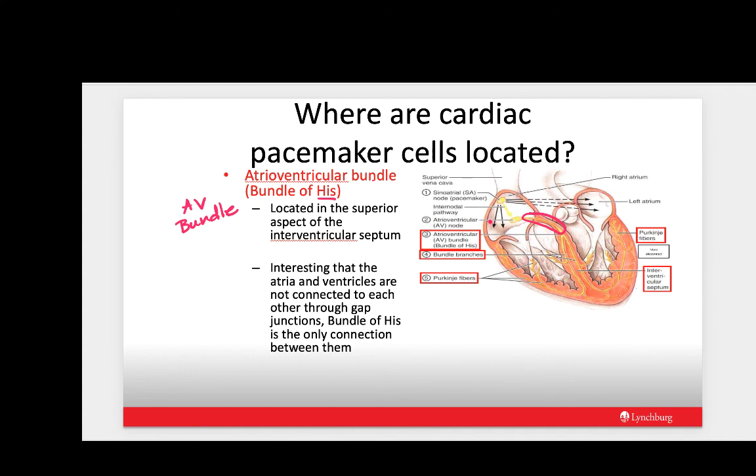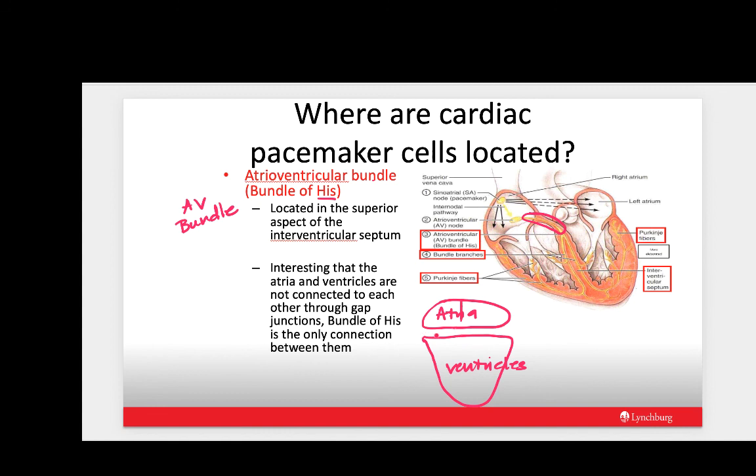So we know that we have gap junctions connecting cells, and it allows for electrical connections between cells. But those cells are all connected. The atria are all connected through gap junctions, and the ventricles are all connected through gap junctions, but actually there's no connection between the atria and the ventricles. Okay, there's not a lot of gap junctions through here.